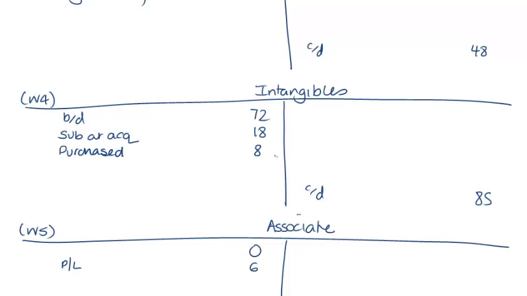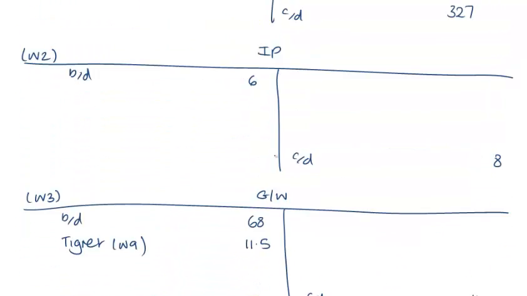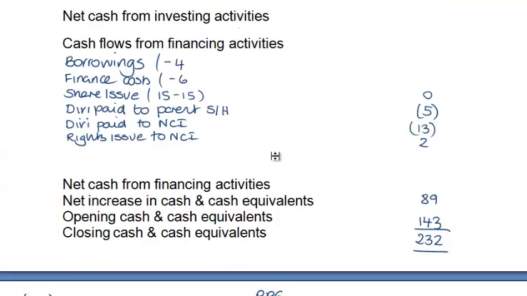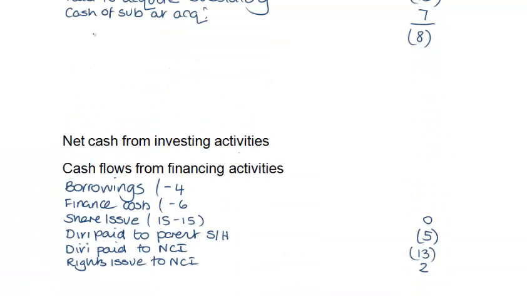If I've purchased them, that's cash going out of our business. We invest in intangibles, in long-term assets, so up to investing activities. Intangibles purchased, a further 8 million.